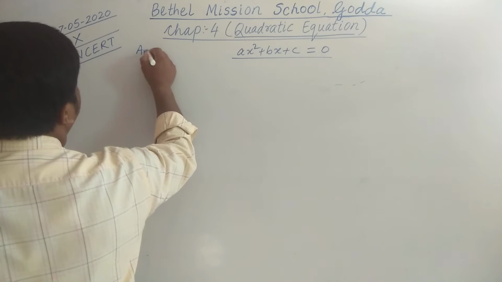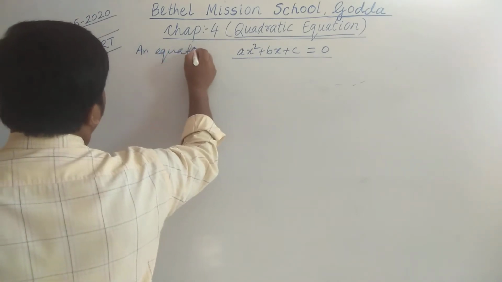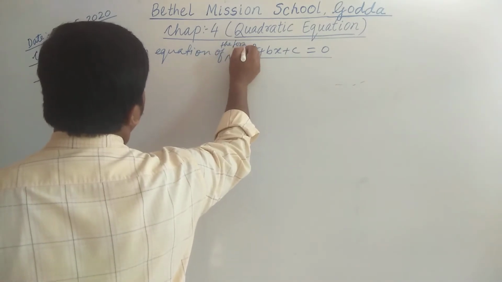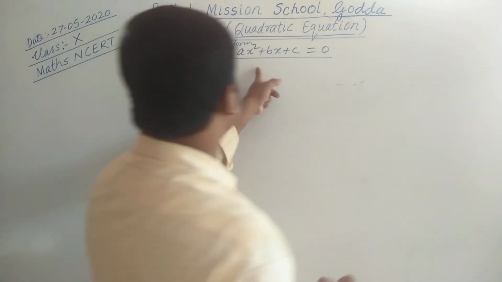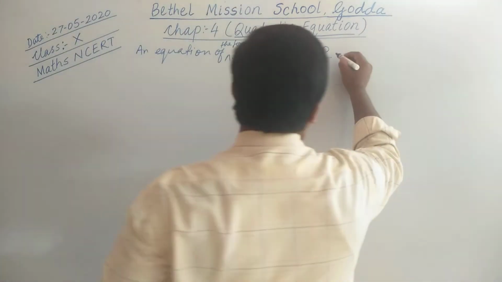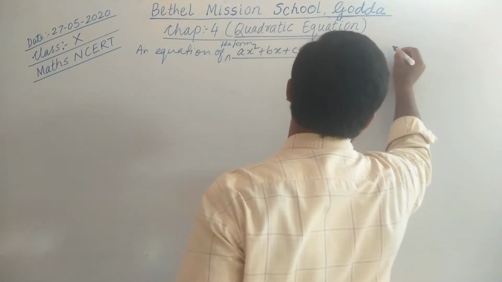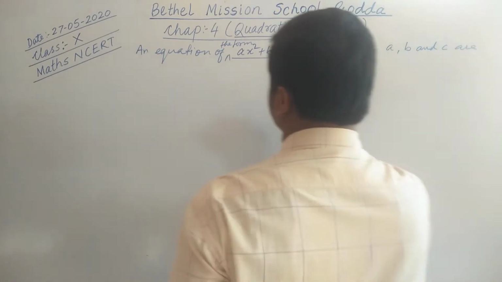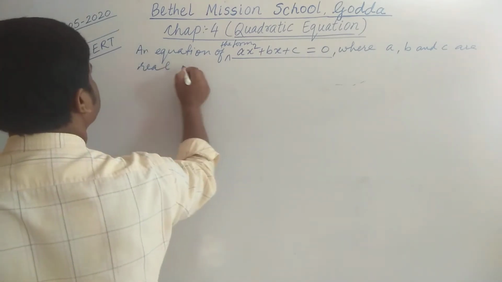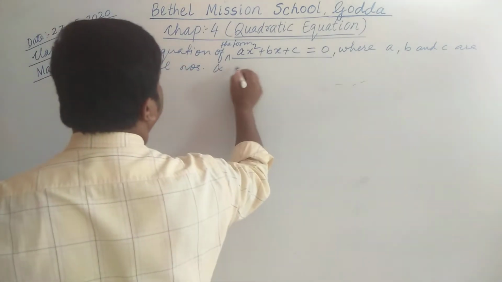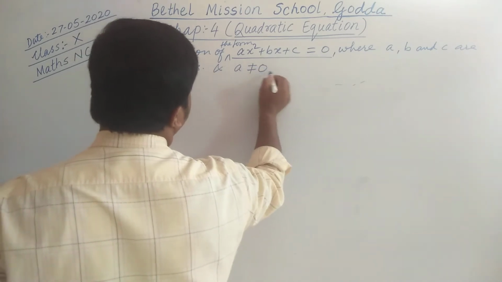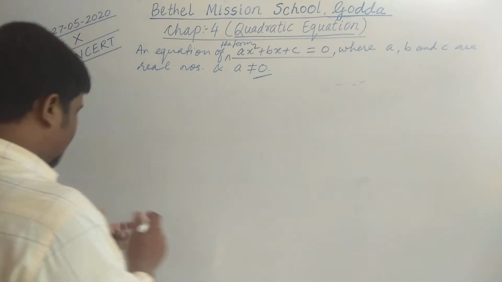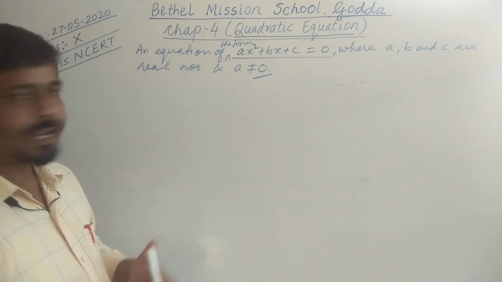The definition is: an equation of the form ax square plus bx plus c equal to 0, where a, b and c are real numbers and a is not equal to 0. This is the definition of a quadratic equation. Now we will find the quadratic formula.